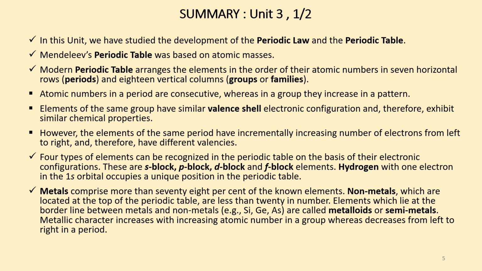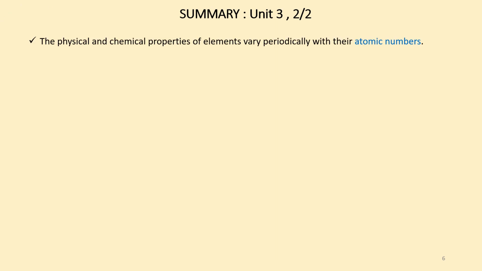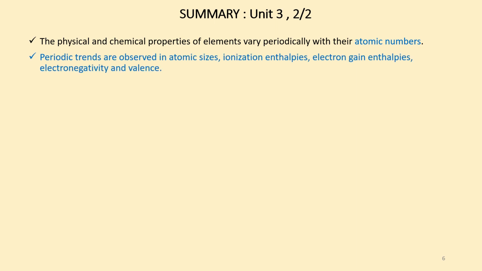Metallic character increases with increasing atomic number in a group, whereas it decreases from left to right in a period. The physical and chemical properties of elements vary periodically with atomic numbers.